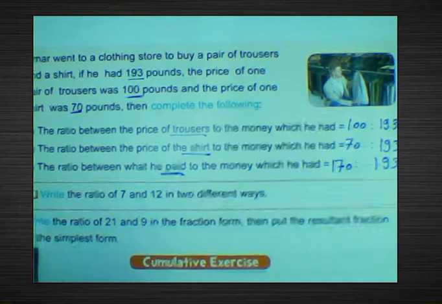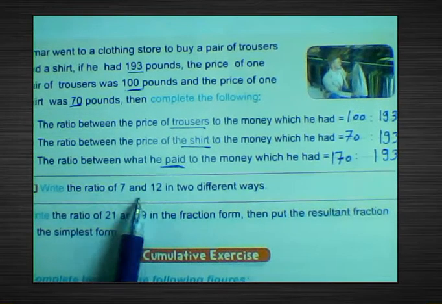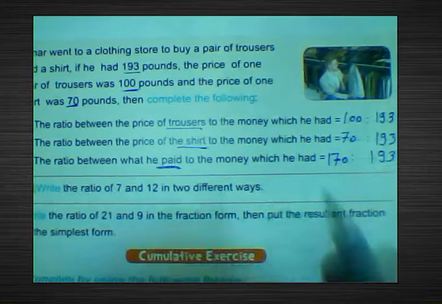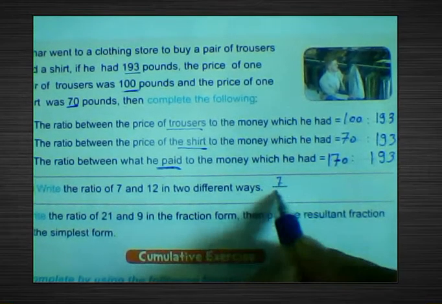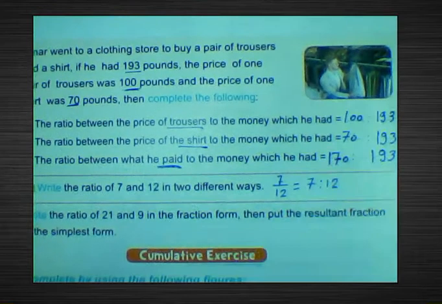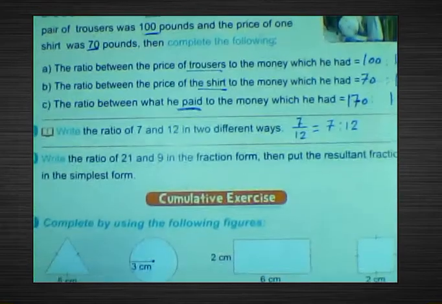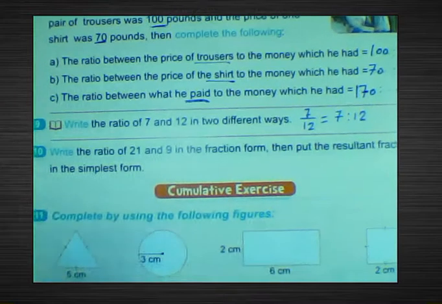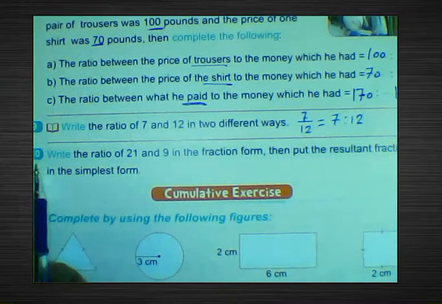Question number 9. Write the ratio of 7 and 12 in two different ways. We can write 7 over 12 equals 7 to 12. Question number 10.